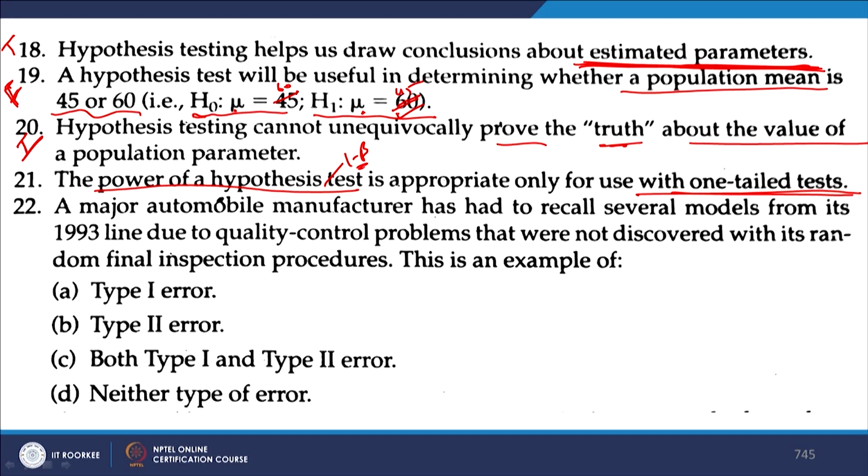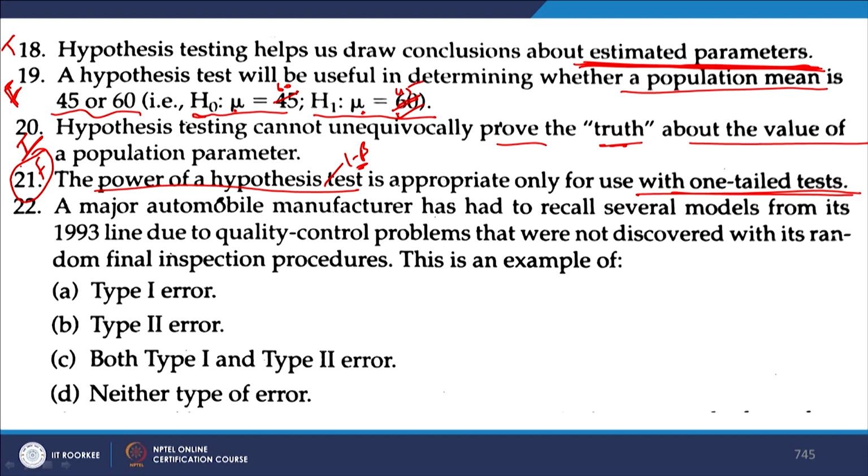Is it appropriate only for use with a one tail test, or can it be used for a two tail test as well? Just think over it. Yes, this is false. We can use it for a two tail test as well, right. So, question 21 is false.